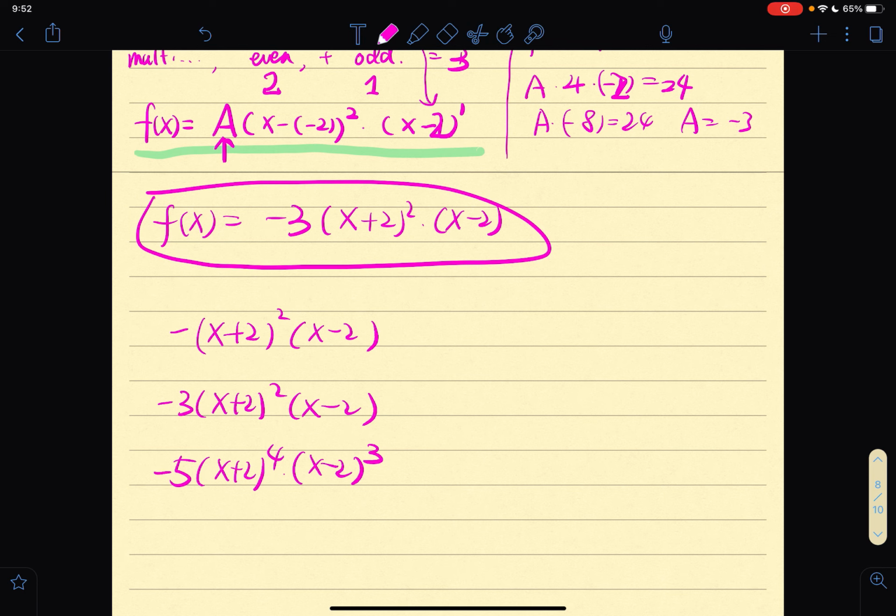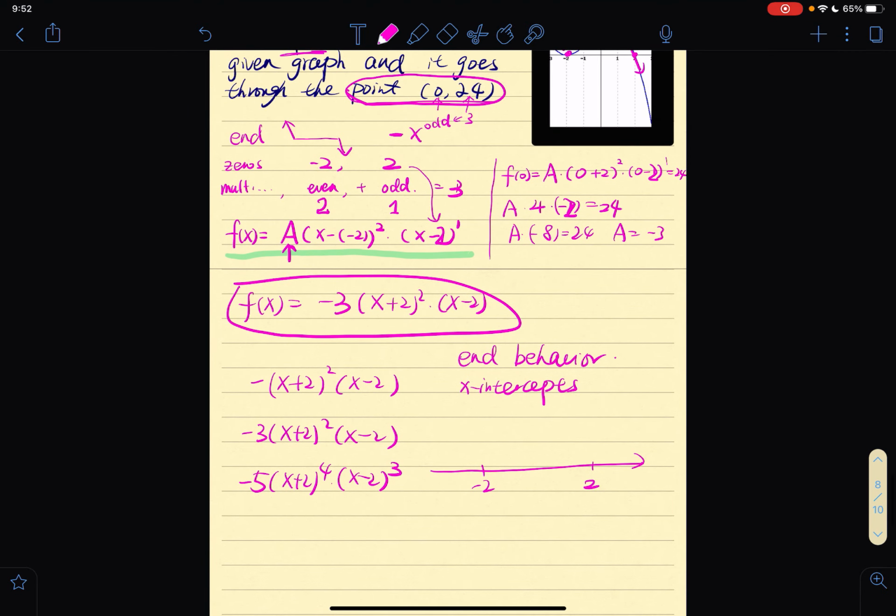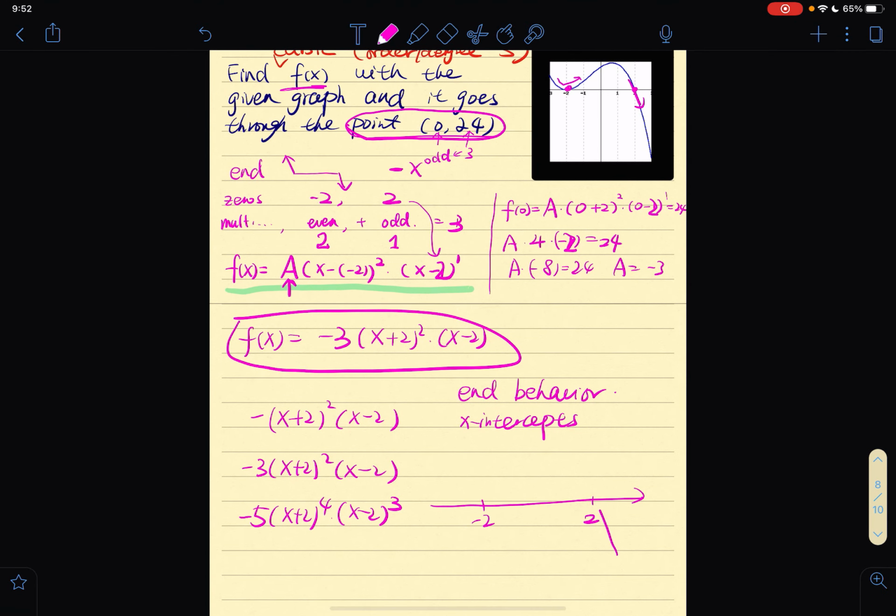For any one of those, if you only look at the end behavior and only look at the x-intercepts, if you treated them as 3 totally different problems, I would assure you that all the graphs you end up with are going to look like this, okay?